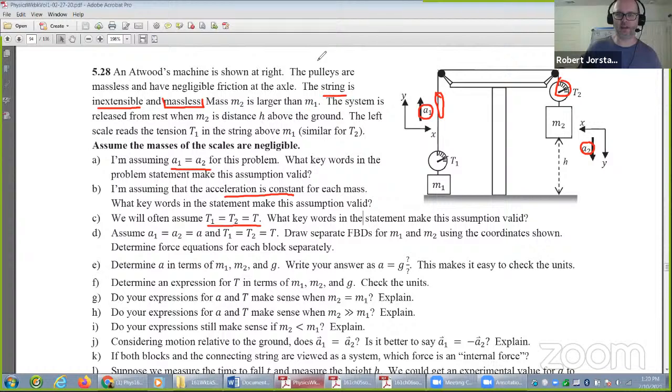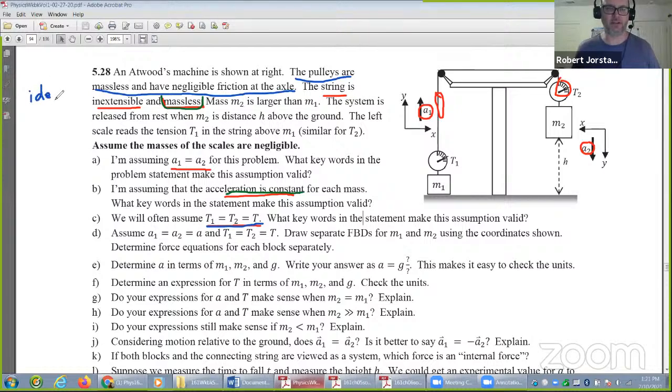So for that one, let's use a different color. Let's do it this way. And so here, what is the assumption that makes these two tensions the same? That's the pulley information. So if we assume we have ideal pulleys and an ideal string, you might see that in some books.